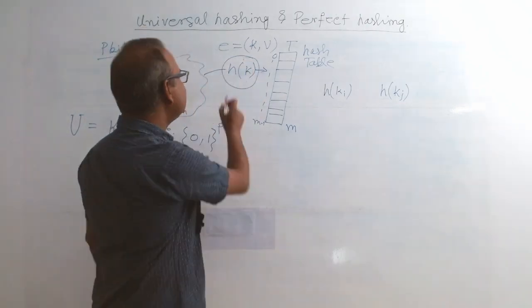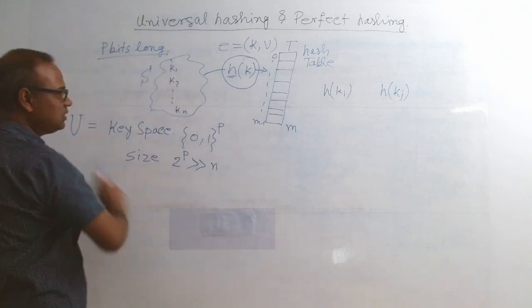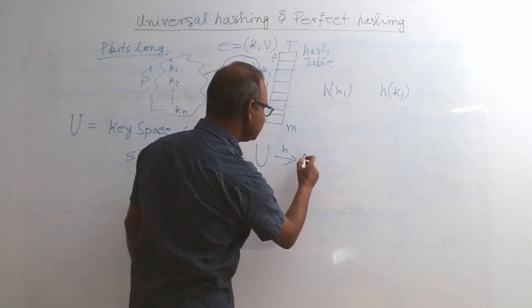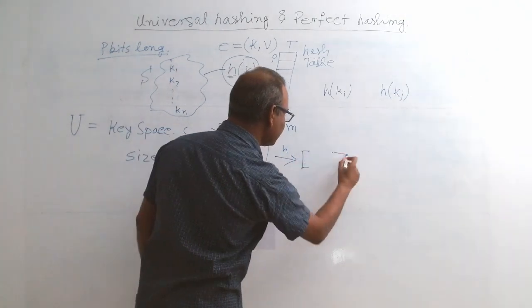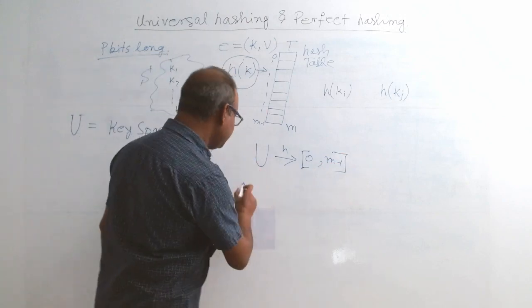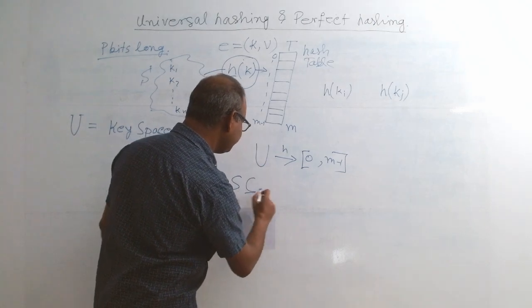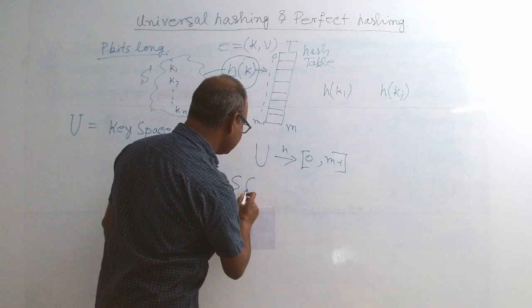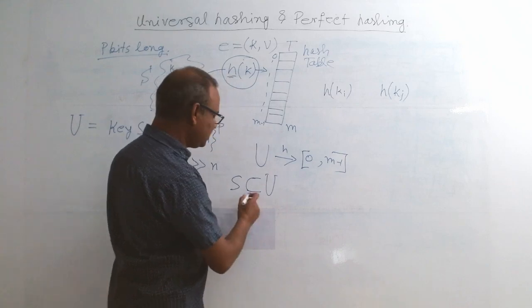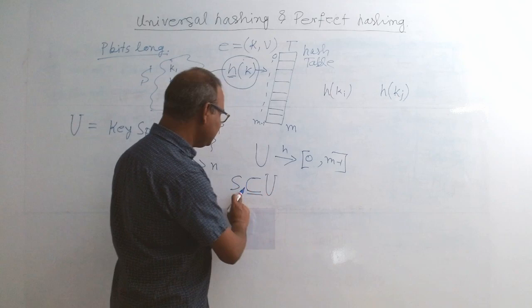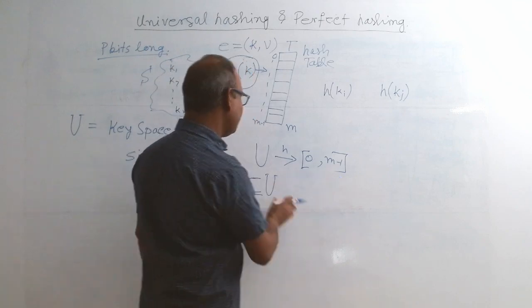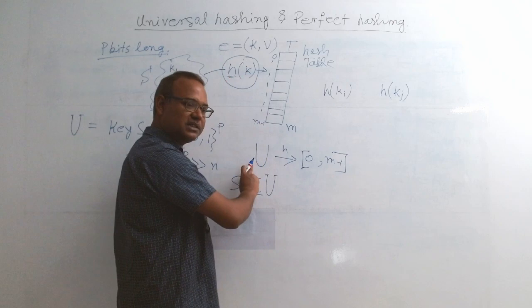The rationale is that the hash function is actually defined on the universe, mapping it to 0 through m minus 1. We are given a subset S of U, most of the time a proper subset, but the function is actually defined on the universe.